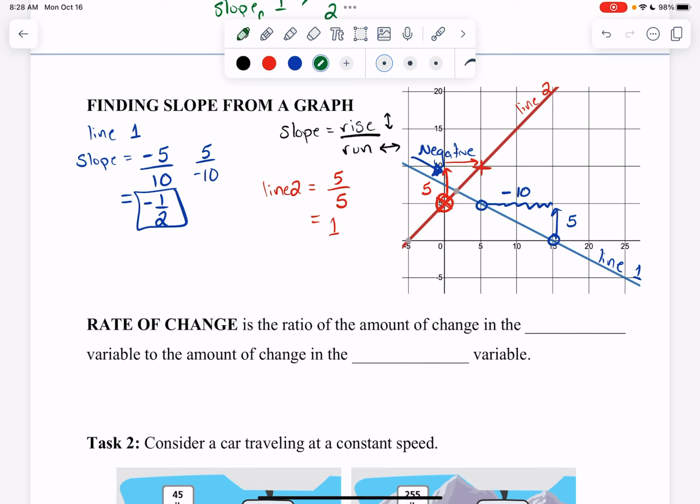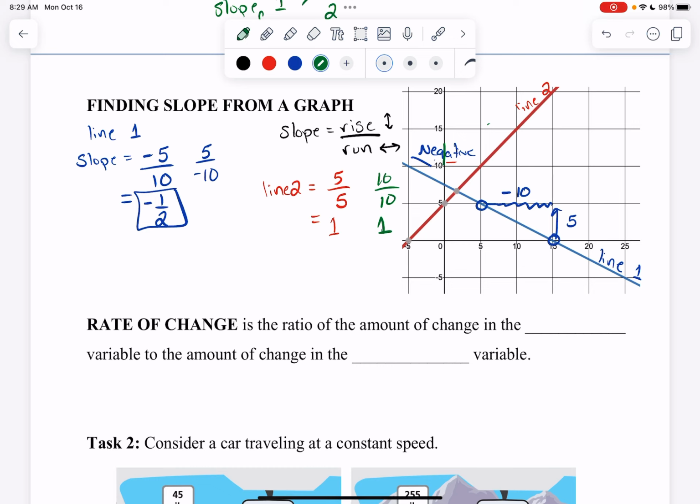Okay, let's say hypothetically I didn't pick those 2 points. Let's say I picked this one and this one up here. Again, rise there, I go up 10. I go over 10, and 10 over 10 is also 1. Okay, all right, hypothetically, let's say I go the other way.